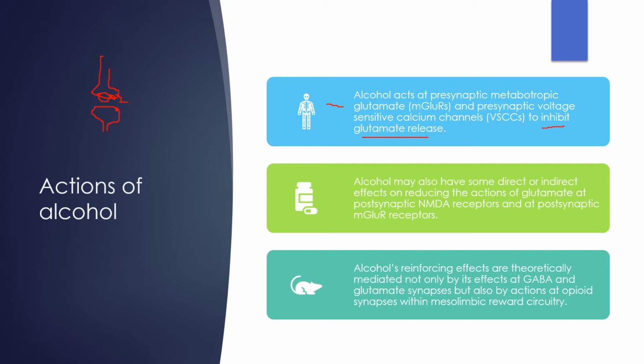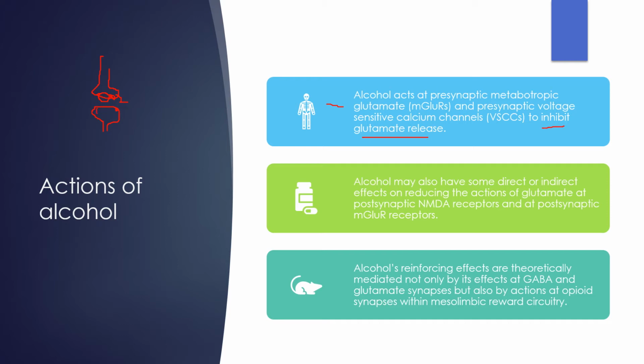Alcohol may also have some direct or indirect effects on reducing the actions of glutamate at postsynaptic NMDA receptors and at postsynaptic mGlutamate receptors. M means metabotropic glutamate receptors. So what happens?